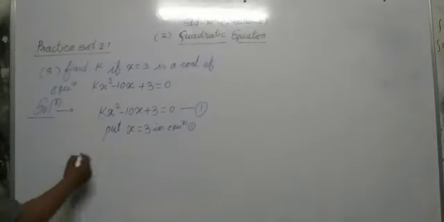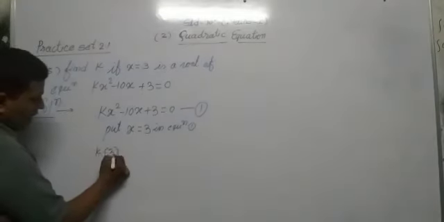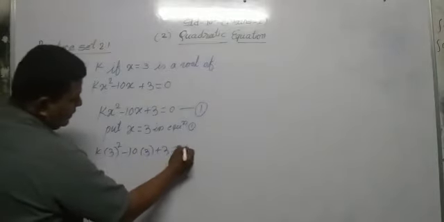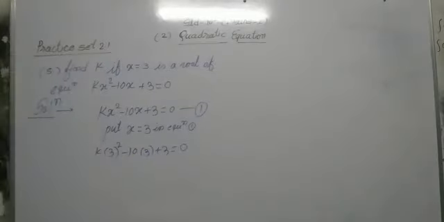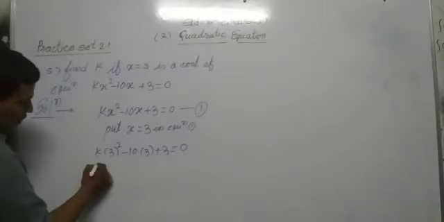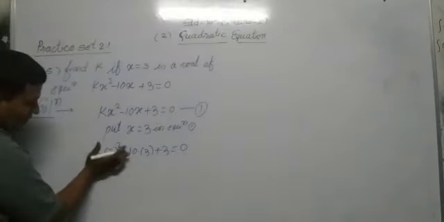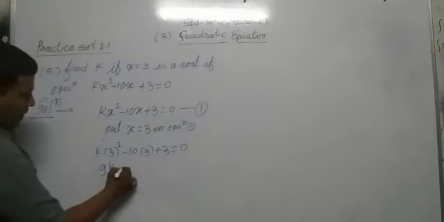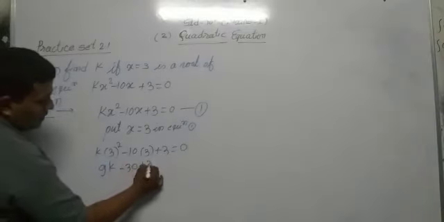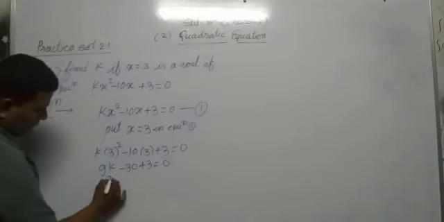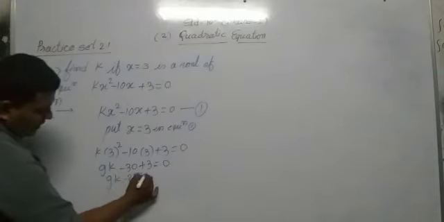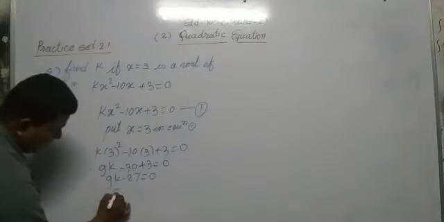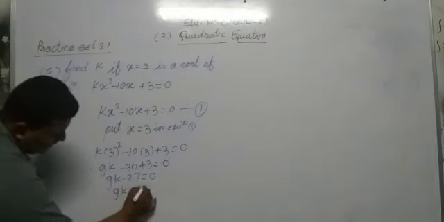Put now here k into 3 square minus 10 into 3 plus 3 is equal to 0. Now k into 3 square is 9, so we write down here 9k minus 30 plus 3 is equal to 0. 9k minus 27 equal to 0, so 9k equal to 27.